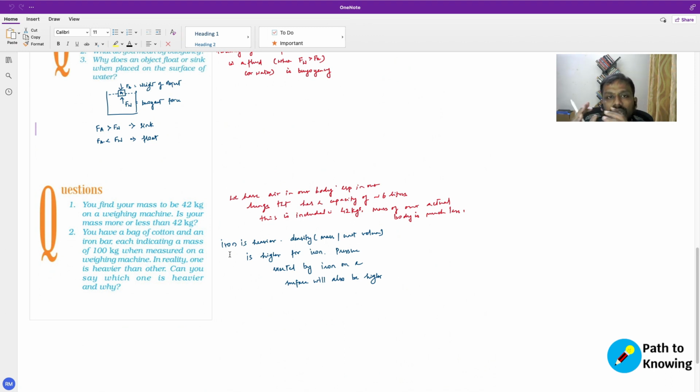Since iron is more dense per unit volume, its mass is more. It means that it is going to be heavy, right? For any unit volume of iron, that will be heavier because its density is high. But for that same unit of volume for cotton, it will be light because its density is less, right? So iron is heavier.